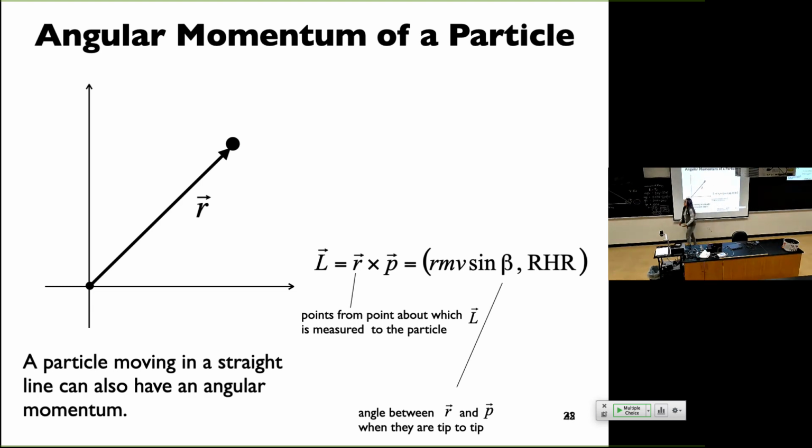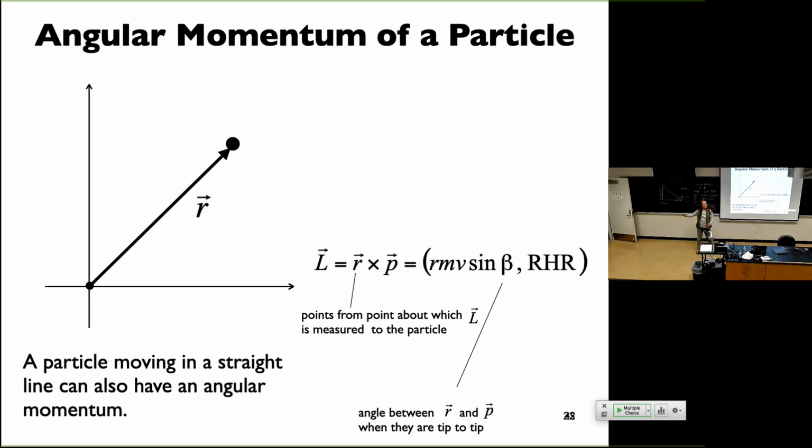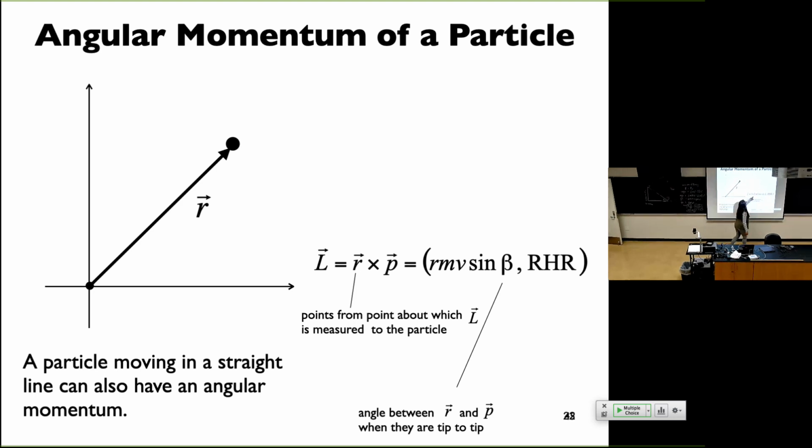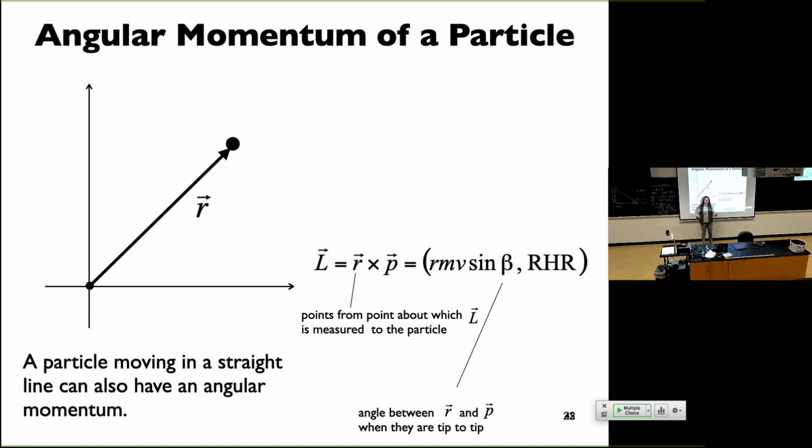So in the case of shooting the door with a bullet, it would be from the hinge to the bullet. That would be your r. This is your linear momentum, so mass times velocity of the bullet, and the angular momentum would be used for a conservation of angular momentum problem where you include both the bullet and the door as objects.